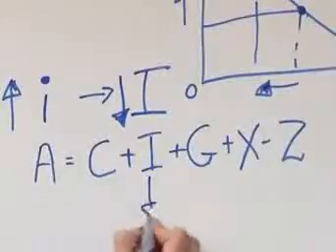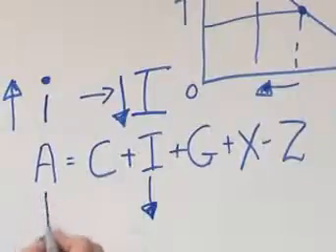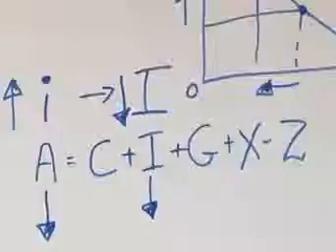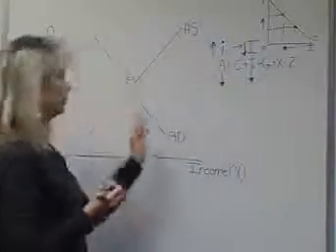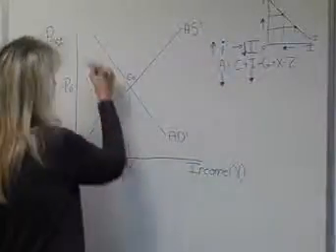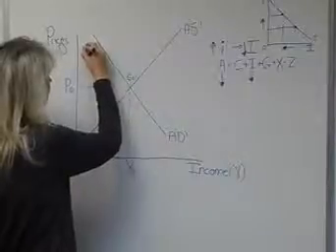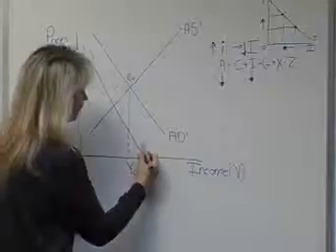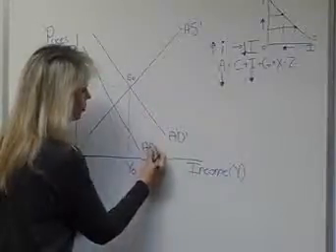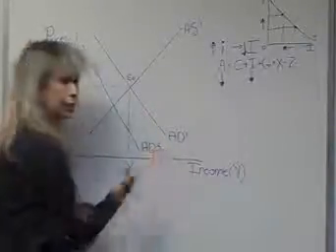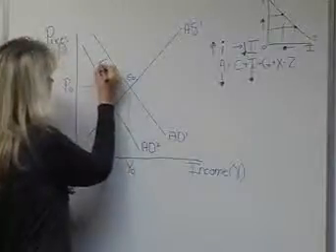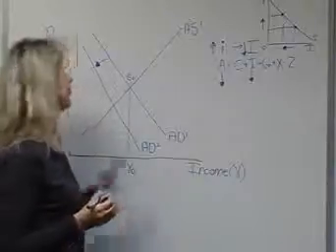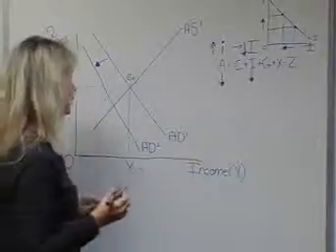So if investment decreases, it means that aggregate demand will also decrease. So to show it on the diagram, the aggregate demand curve will therefore shift to the left. So you have to show the new aggregate demand curve. You have to indicate in what direction it shifts so that we can clearly see you understand that.